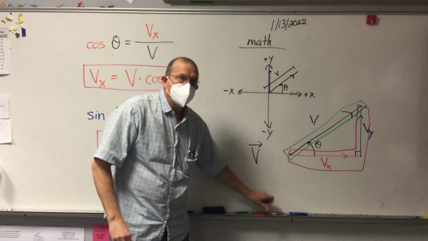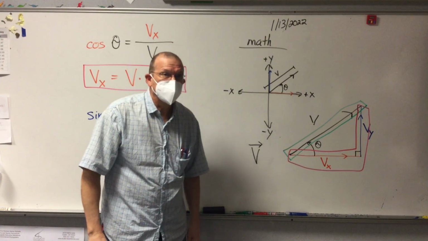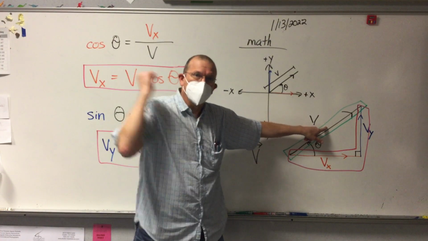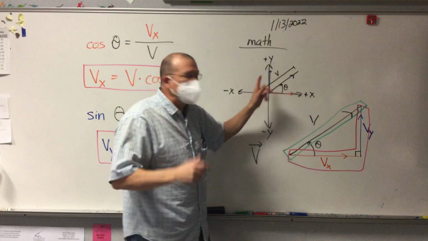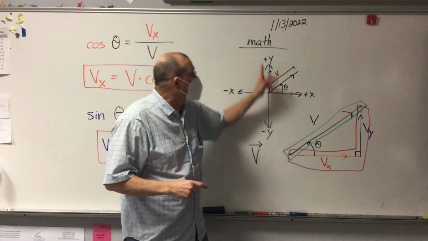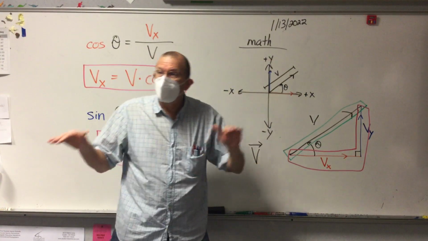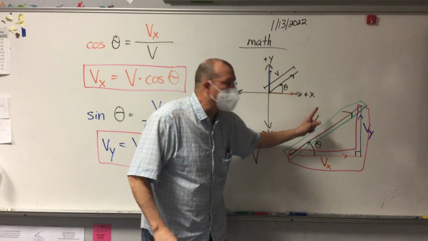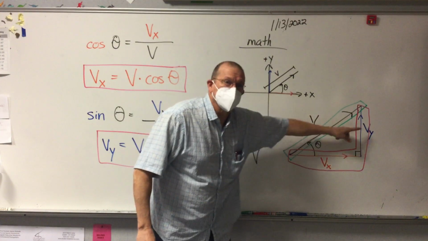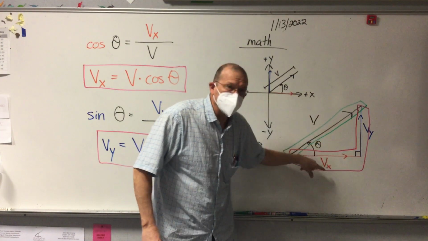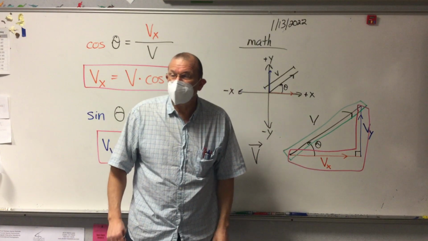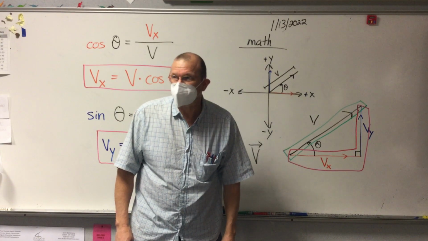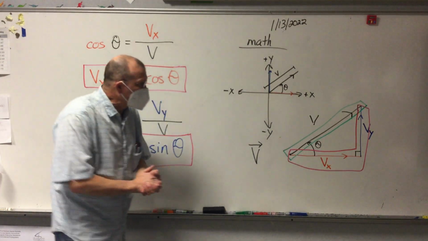Okay? That you need to become comfortable with. This thing in black, that's graphical vectors, polar coordinates. When you are going to play with vectors mathematically, you need to go back to your traditional horizontal vertical coordinate system, and you need to break that black vector into these two. And once you do, now you can start to do things like, can I just add numbers together like I usually do? And the answer will be yes.